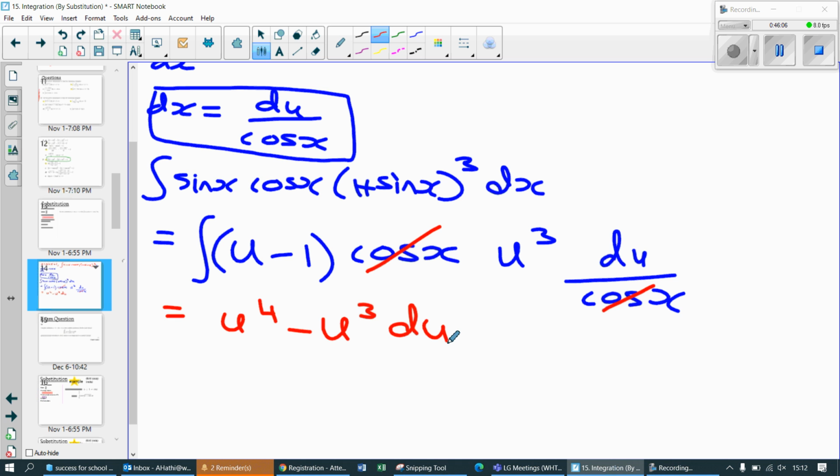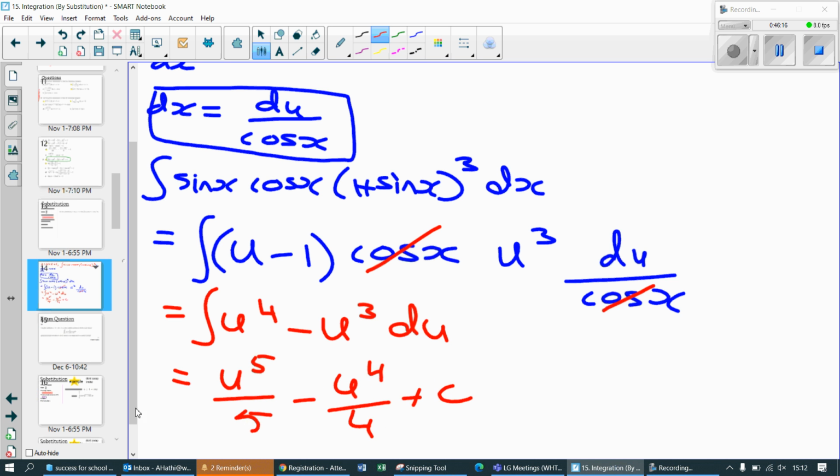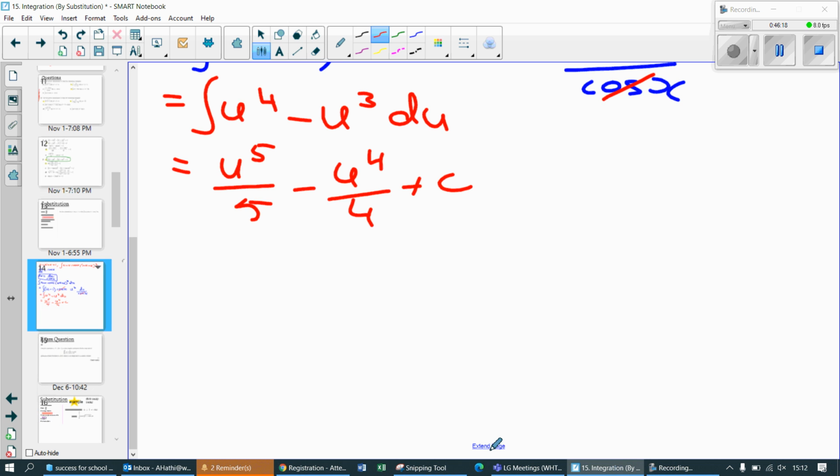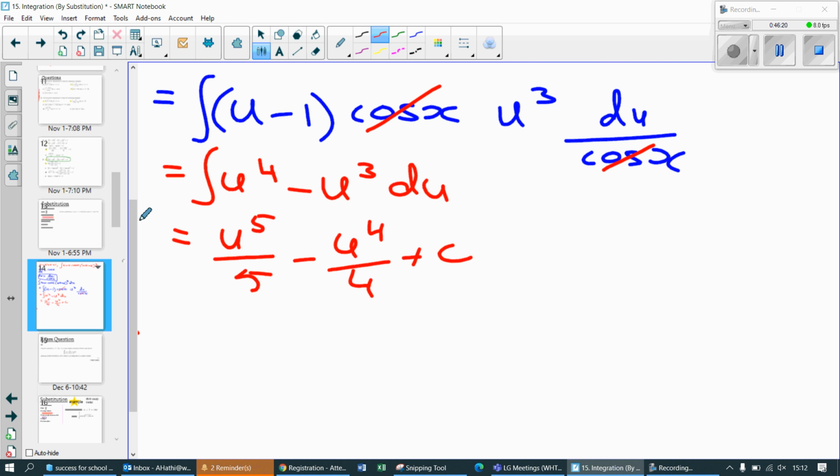So let's work it out. So that's u to the 5 over 5. And then last step, well, what's u equal to?